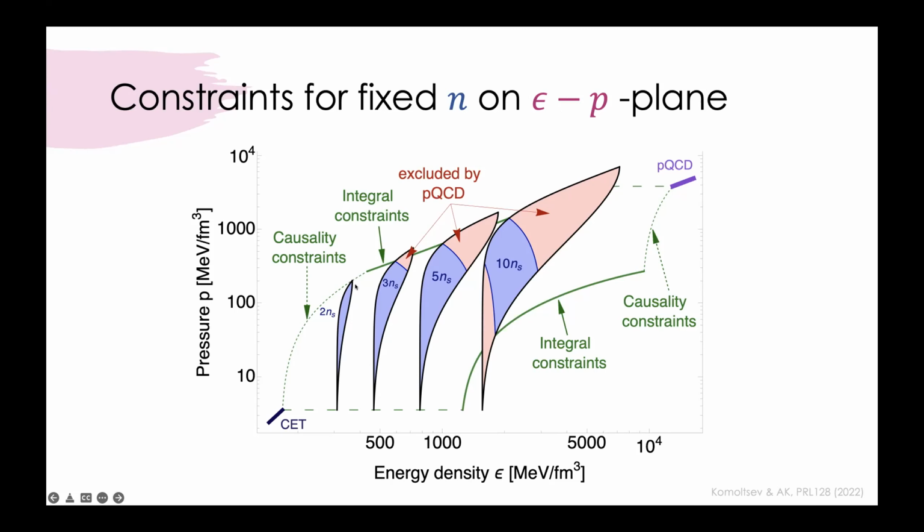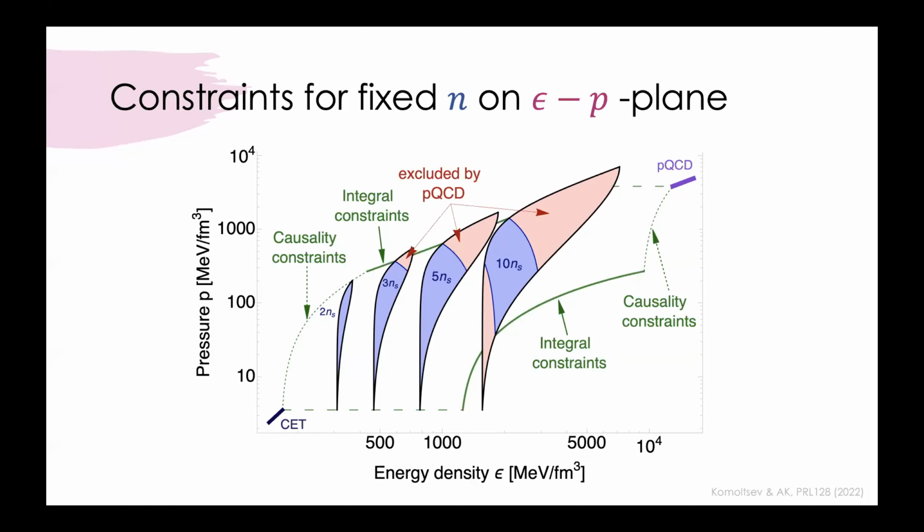And here you can see that these fun shapes are the allowed regions of energy density and pressure for a given number density. So this one here is for 2 saturation densities, this one is for 3 saturation densities, this for 5, and this for 10.